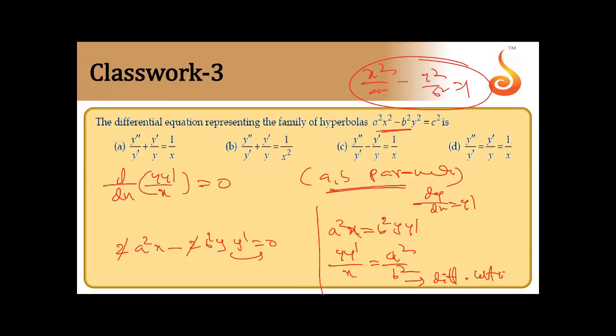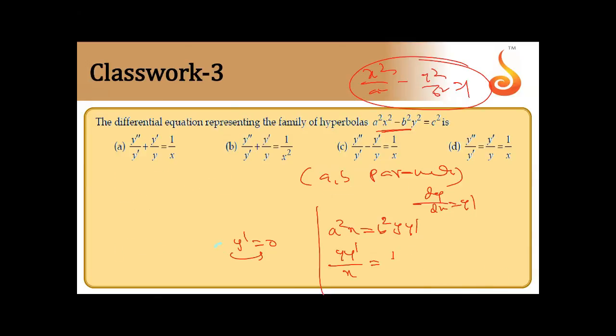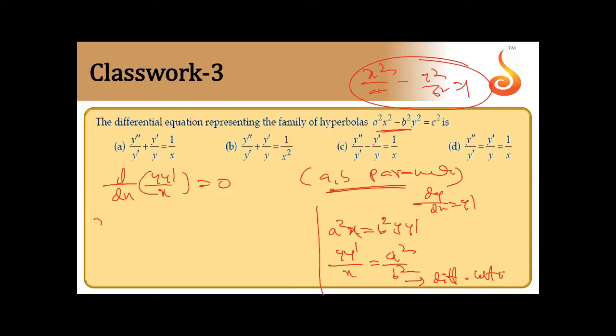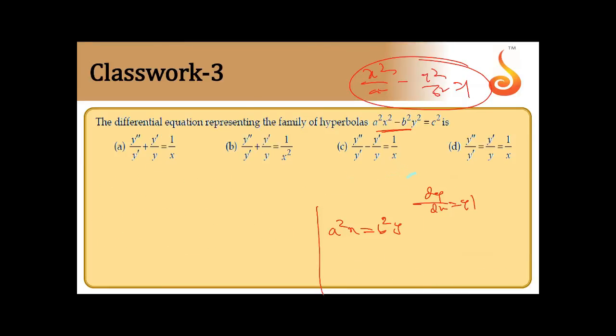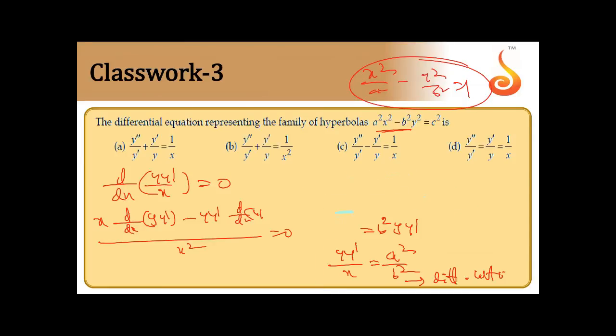Right side is 0. Applying the u by v rule: v into d by dx of u minus y dash into d by dx of x, by x square, equal to 0.